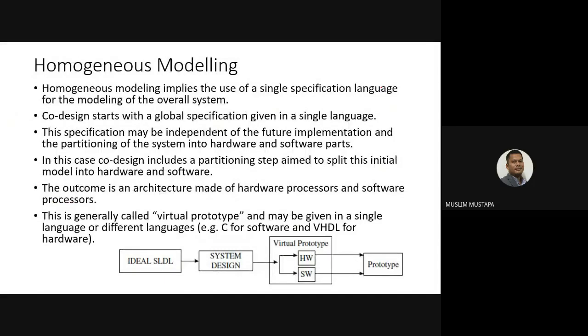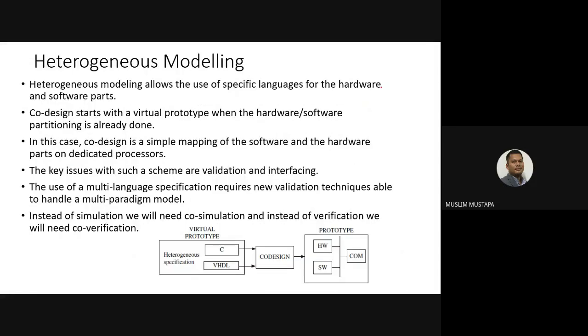All right, so what else in this case? Co-design conditions and homogeneous. Okay, so the heterogeneous model allows use of specific languages for the hardware and software parts. Co-design starts with a virtual prototype when the hardware software partitioning is already done.